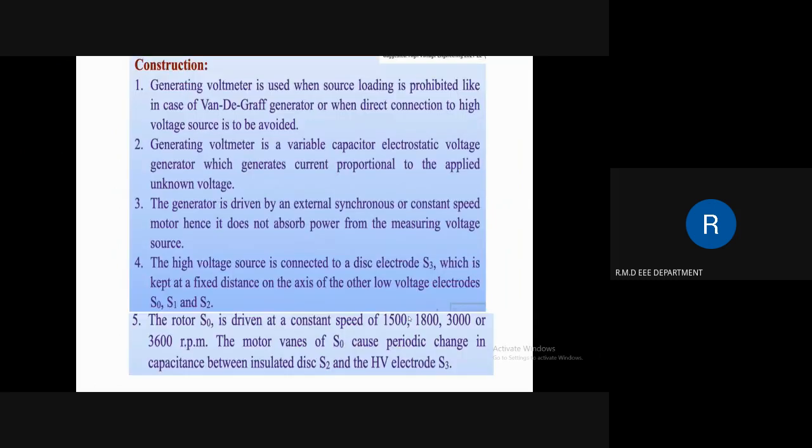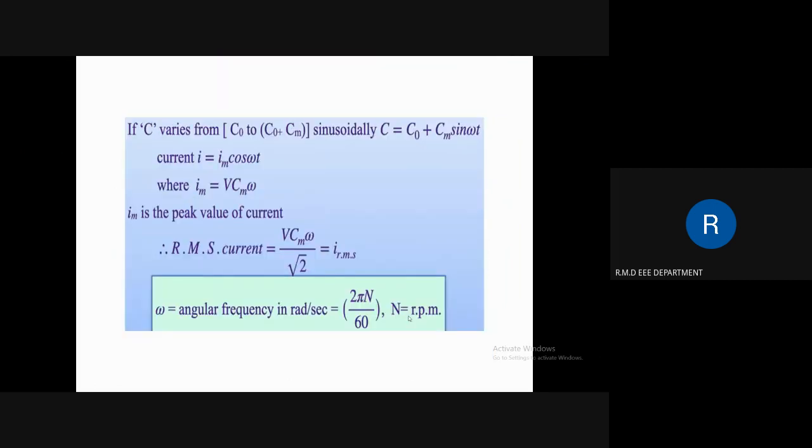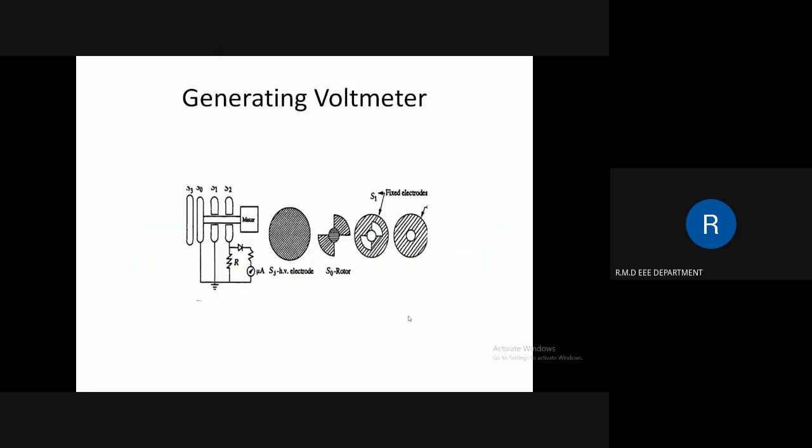Now the construction of this generating voltmeter. The generating voltmeter has a rotating cylinder, which consists of two exciting field electrodes and a rotating two-pole electrode S naught. This S naught is driven by a synchronous motor at a constant speed n. Here you can see the motor at constant speed n.